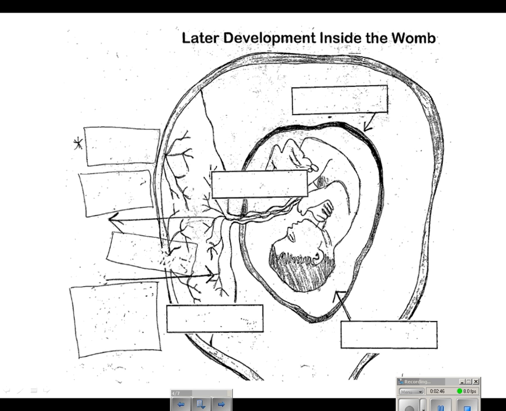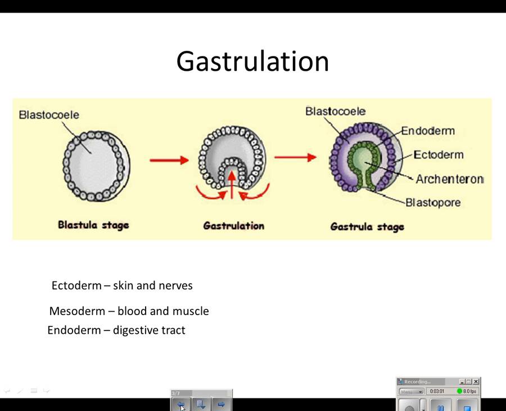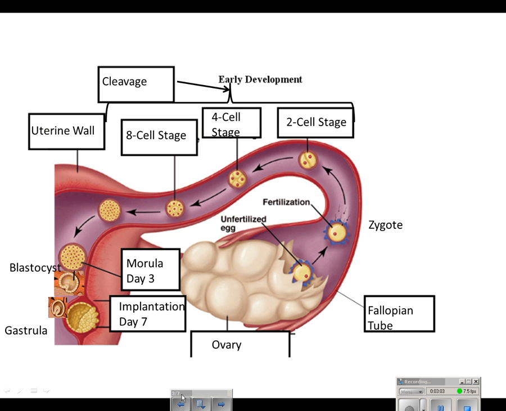Then if we look later into development, this would be well after the 3-month mark because we're looking at a fetus, we would see that the amnion has formed. Now, if we go back to the other slide, this process, okay, this is an embryo.